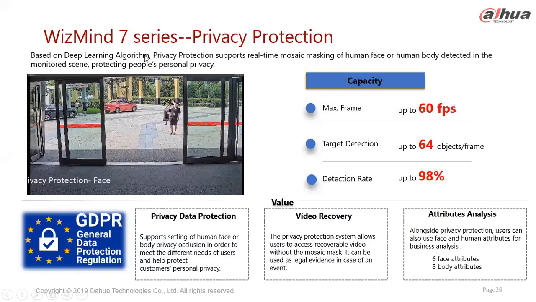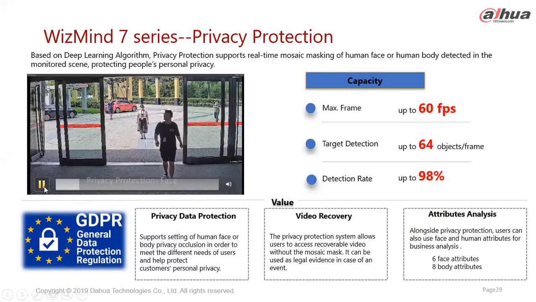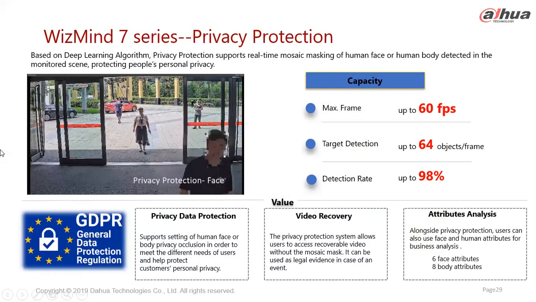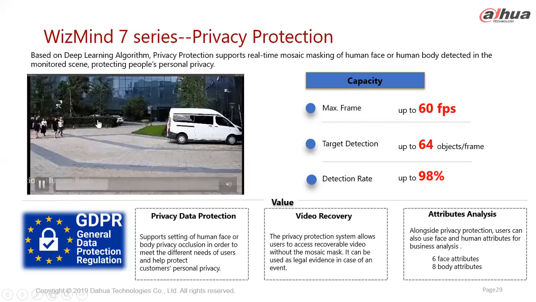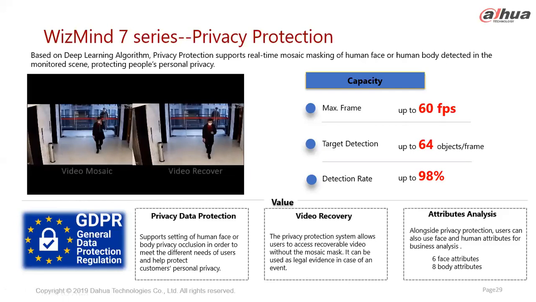Another function for Wizmind 7 is privacy protection. You can see privacy protection in demonstration on your screens. In this scenario, people don't want to be identified. So you're protecting people from identification. It's like doing redaction on documents.